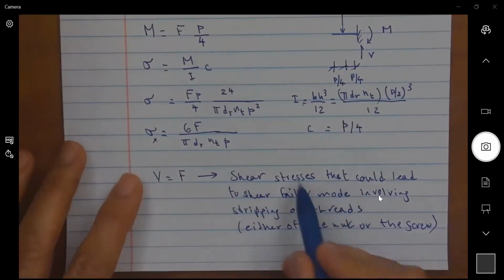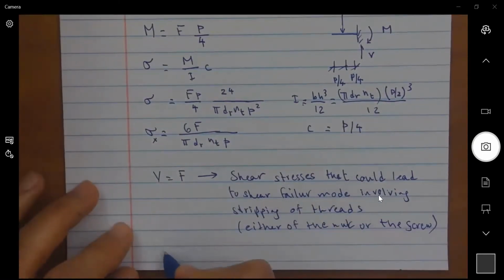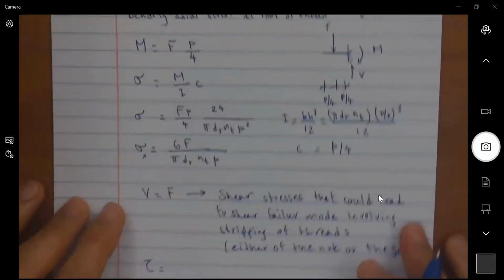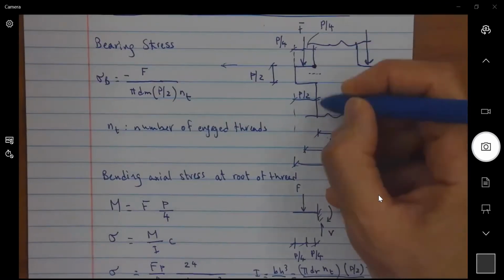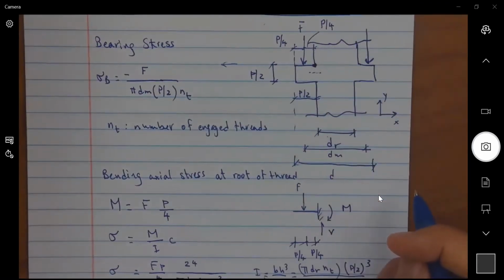So how do we evaluate that shear stress? This shear stress tau, again, if we are thinking of the thread as having a rectangular section, the maximum shear stress for a beam that has a rectangular section is equal to 1.5 times the shear force divided by the area. And where does it act on a rectangular section?